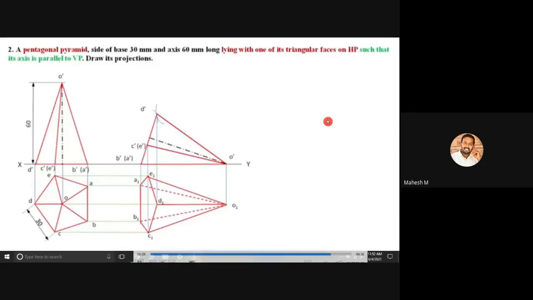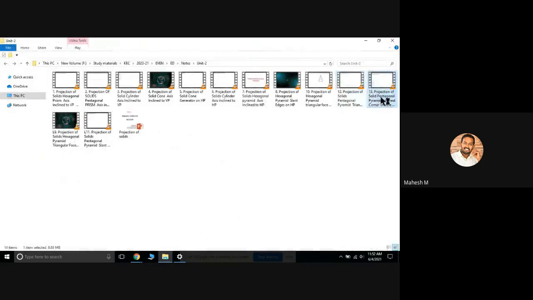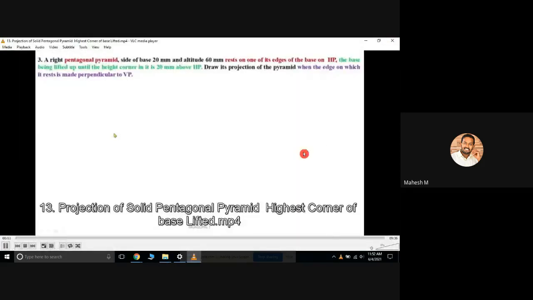So the next problem is also a pentagonal pyramid, but the condition is different, look at this diagram. Right pentagonal pyramid, side of base 20 mm and altitude means height, so you don't have to worry about this word. It is height value, 60 mm, rest on one of its edges of the base on HP. So edge should be on the HP.